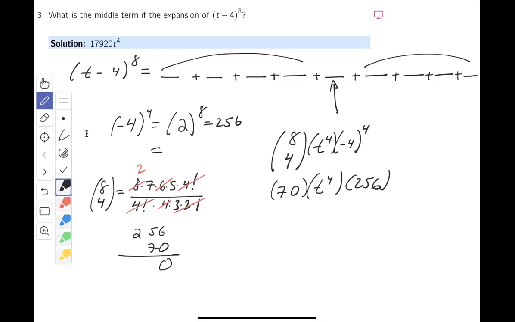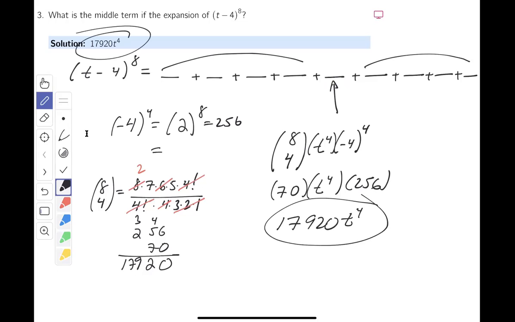Don't worry about that. What do you get over here? 7 times 6, right? 42. 35, 39. 14 and 3, 17. So what do I get? 17,920 t to the fourth power. All right, can do that by hand.